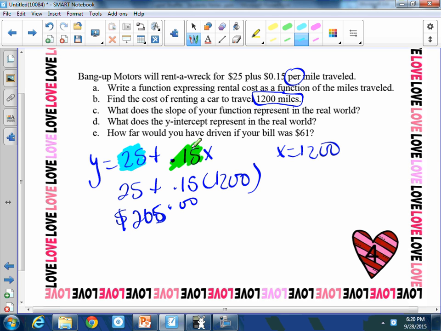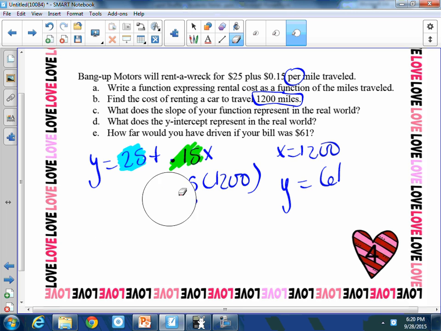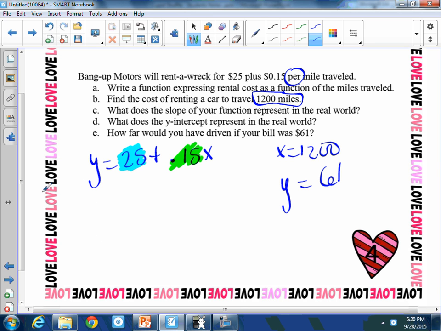How far would you have driven if your bill was 61? So now you got to remember what the money is. The money would be your y. So in here, y equals 61. So I'm going to erase what I did in the other one. And now I got to plug in for y instead of x. So 61 equals 25 plus 0.15x. So what would be my steps? Take away 25, divide by 0.15.